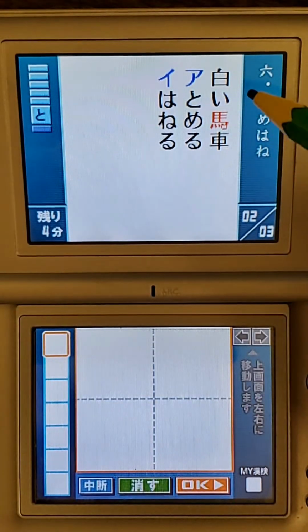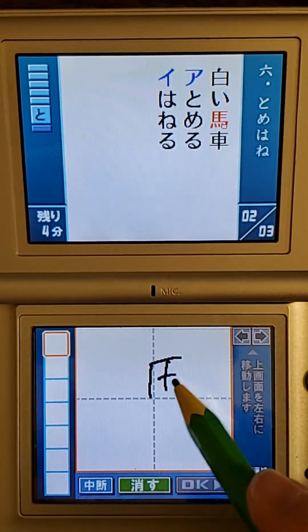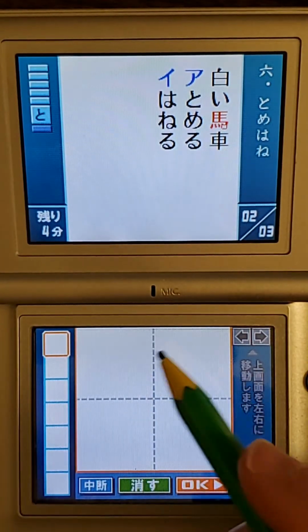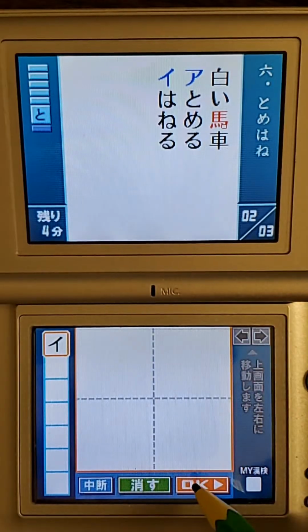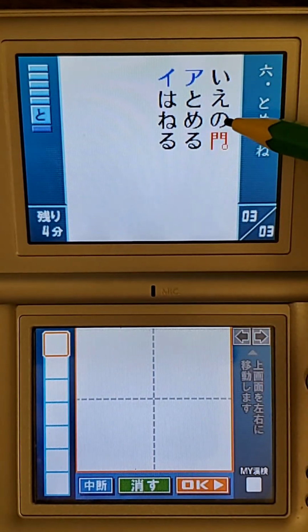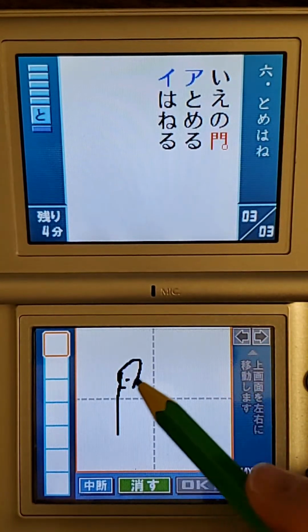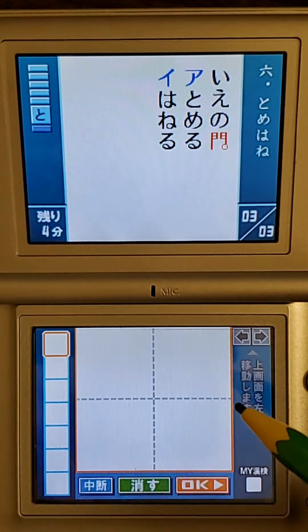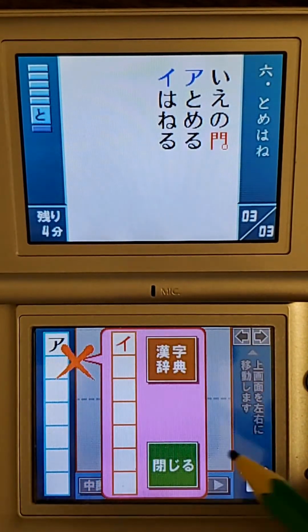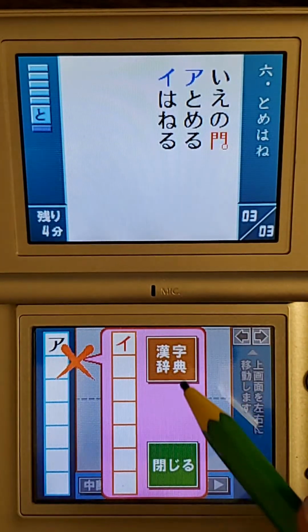This is also haneru, because we go like that. Haneru. So put I, haneru. And ie no mon. Oh, suck. This one, I think it's tomeru. Let's go look at it.